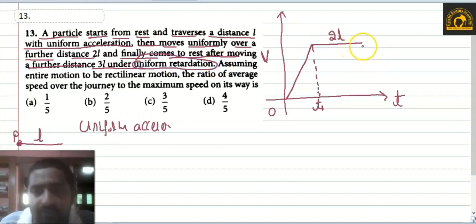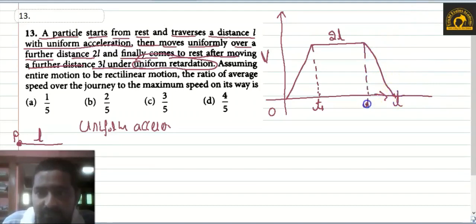So uniform retardation means the velocity decreases, up to this time t2.